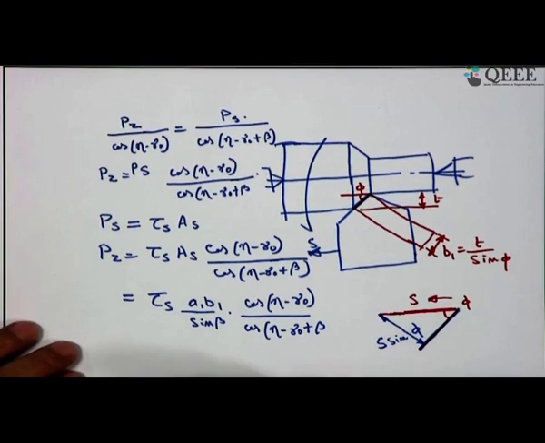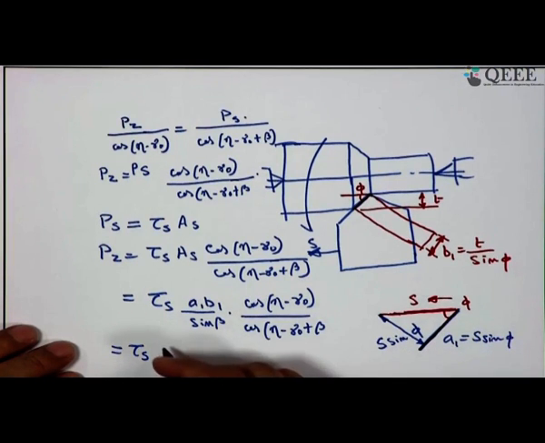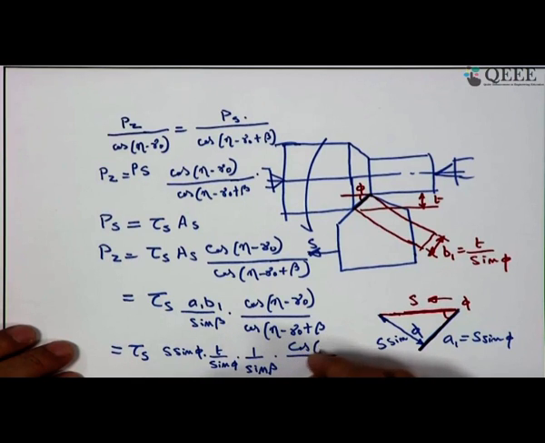So, it comes to that when you put S and you have A1. This A1 means here S sin phi. So, you replace this A1 with S sin phi and B1 with T by sin phi, and what you have is 1 upon sin beta into cos of eta minus gamma o by cos of eta minus gamma o plus beta.